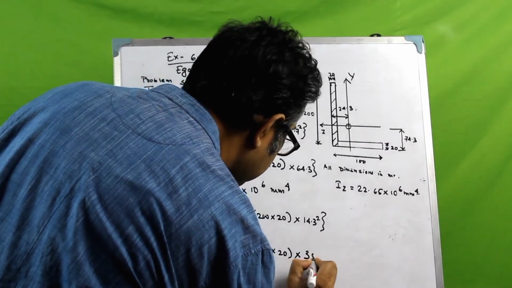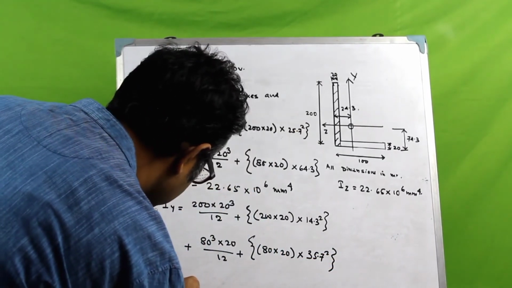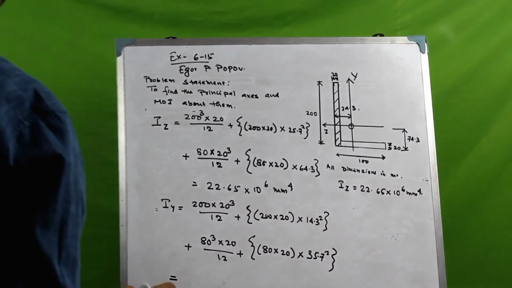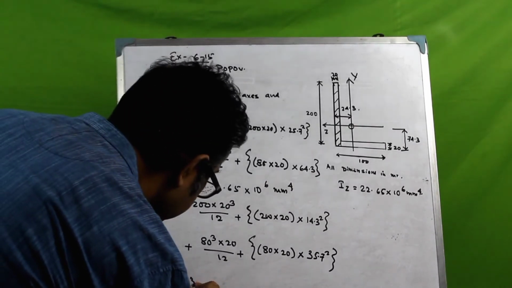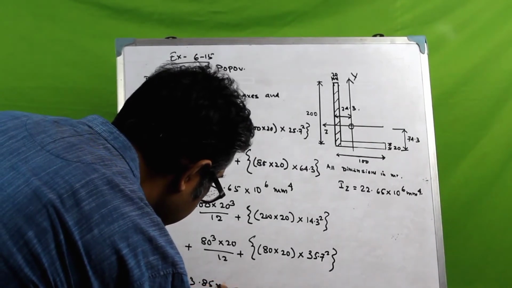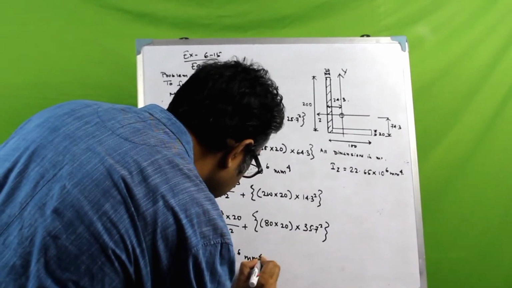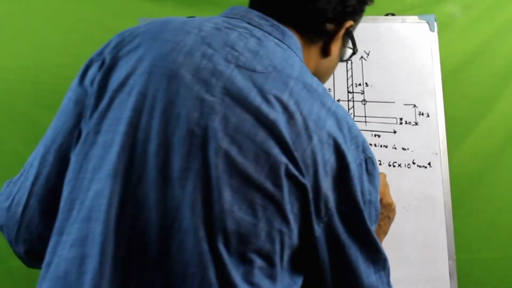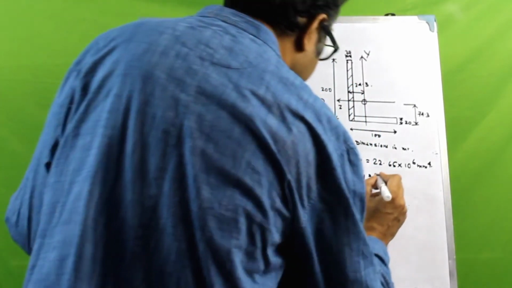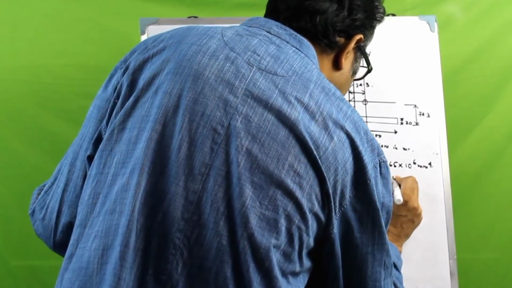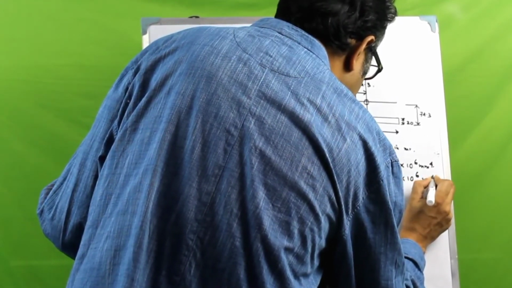So it would be 35.7 square. So this would mean that the value of Iy would be 3.85 into 10 to the power 6 millimeter to the power 4. So we have calculated the value as 3.85 into 10 to the power 6 millimeter 4.